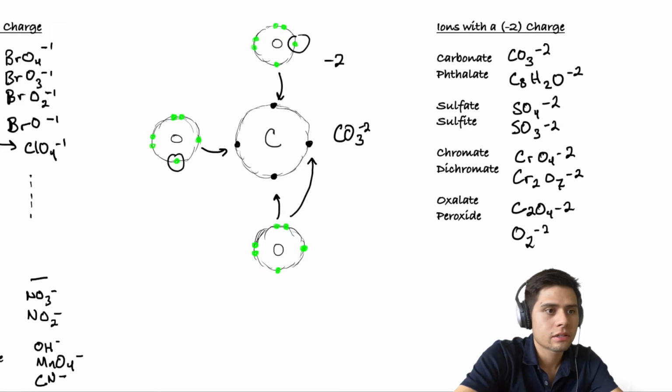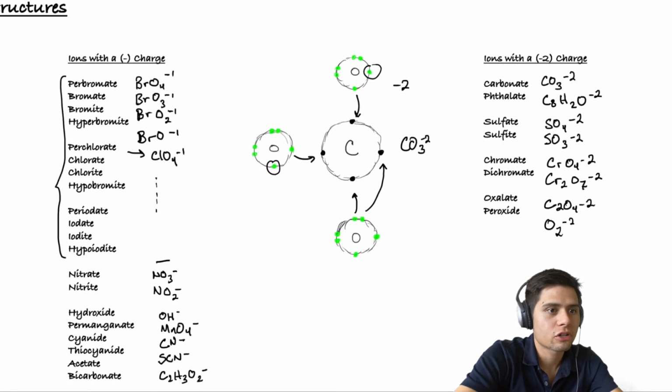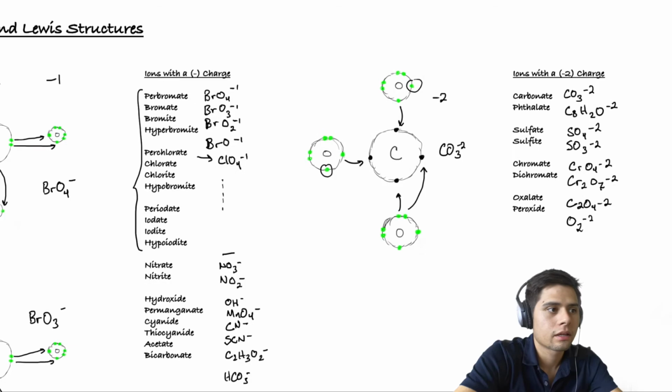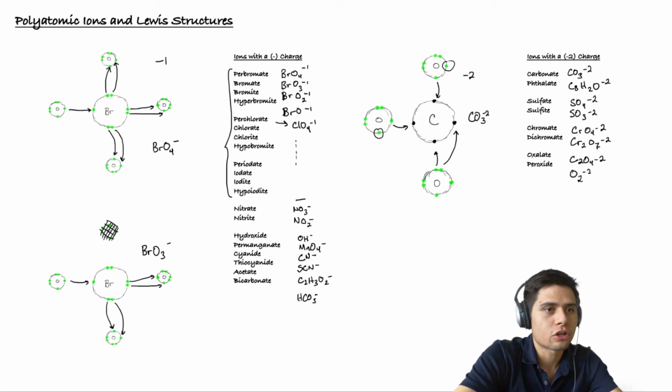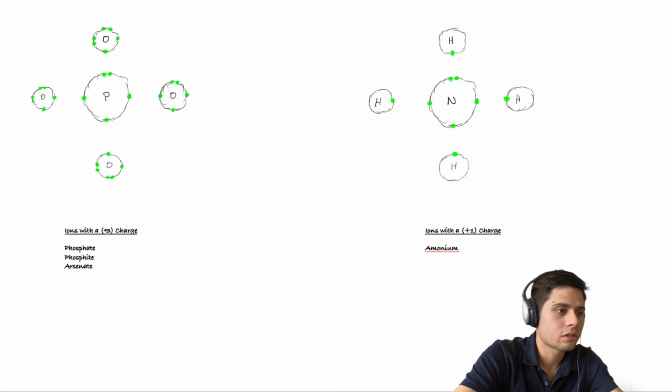So that is ions with a negative 2 charge on them. Now I want to get into ions with negative 3 charges and ions with positive charges on them.